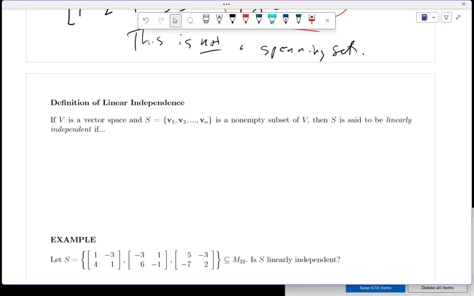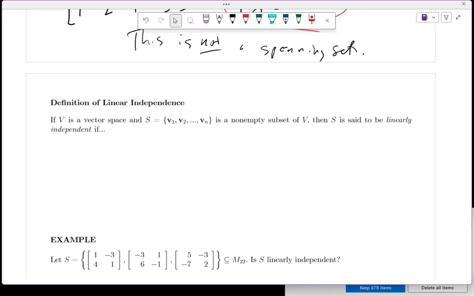So what that means is that V1 actually needs to add additional information, right? If I can write V1 in terms of V2 through Vn, then why did I put it in there? Same idea with V2. It better actually add information.